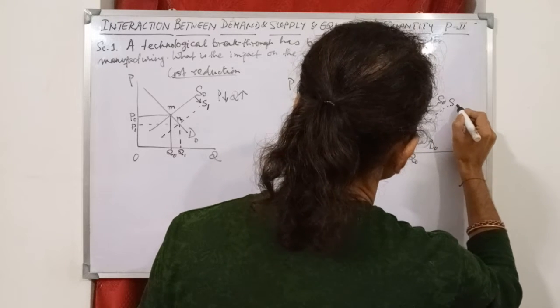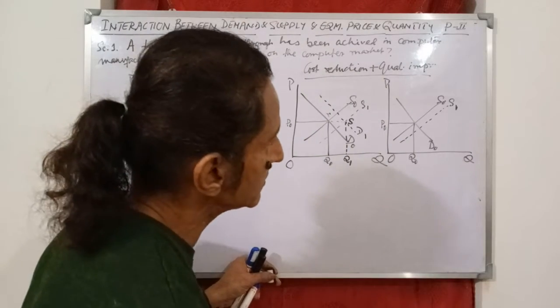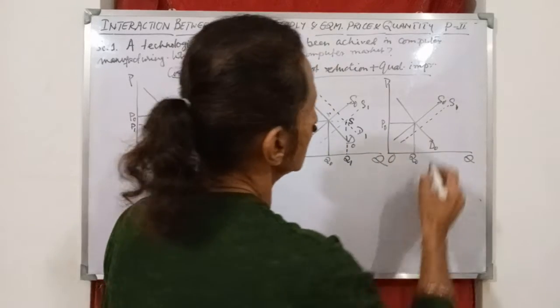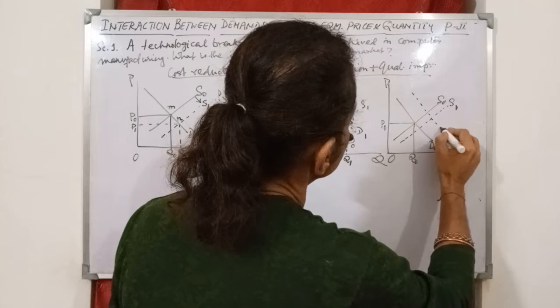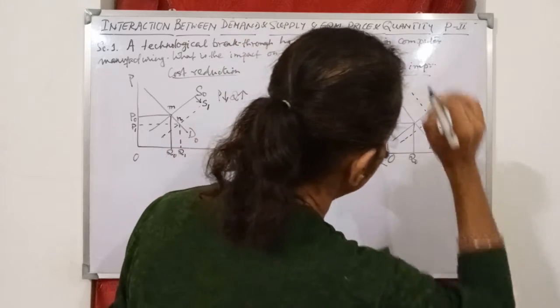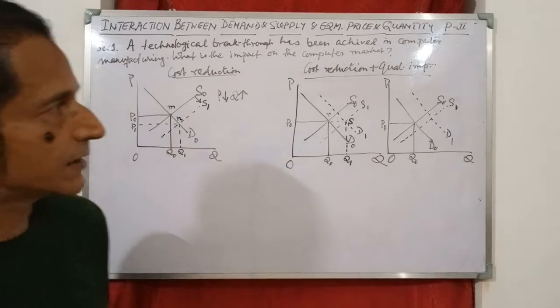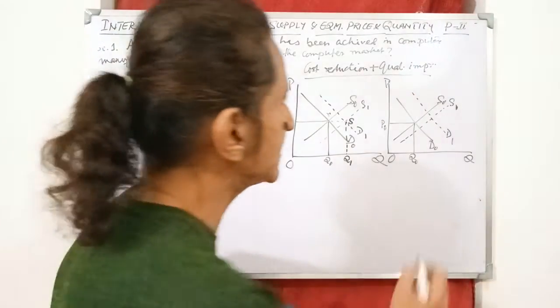Let this be S sub 1, the new supply curve. It has shifted rightward as cost of production has fallen, and the demand, let the new demand curve be this one. This D sub 1 is the new demand curve.